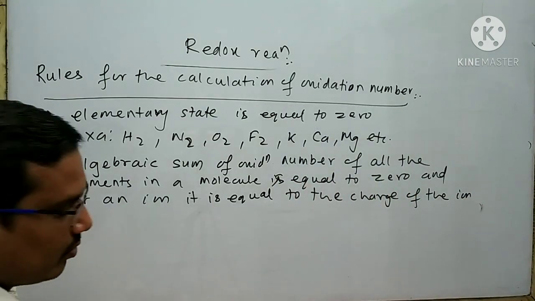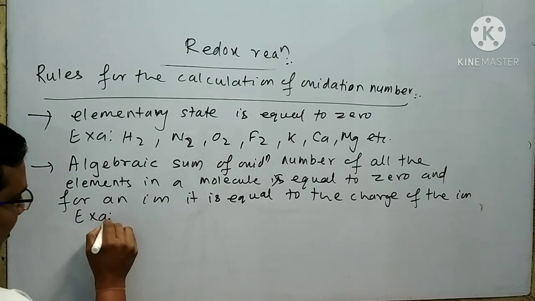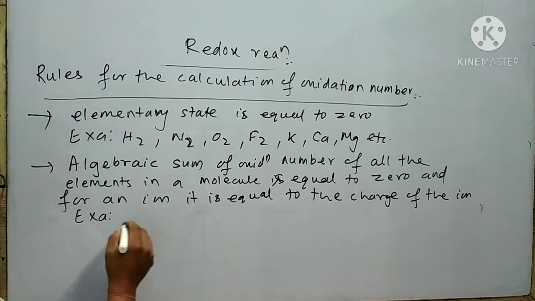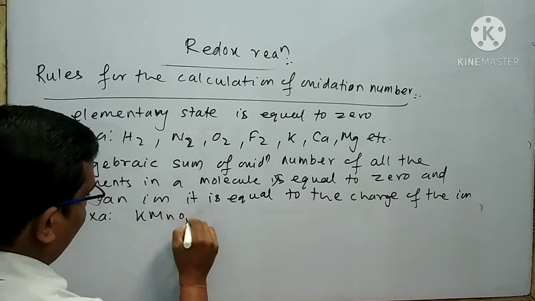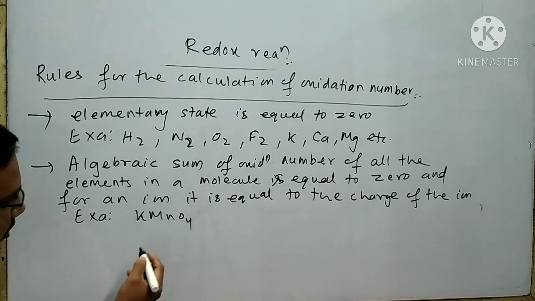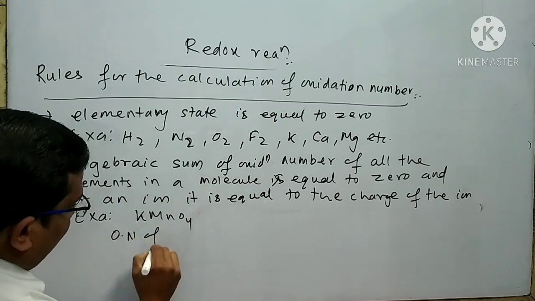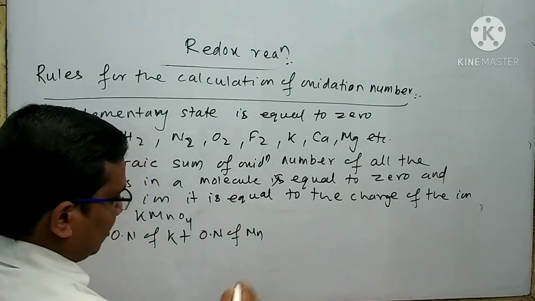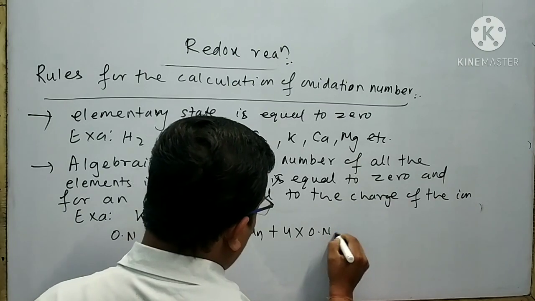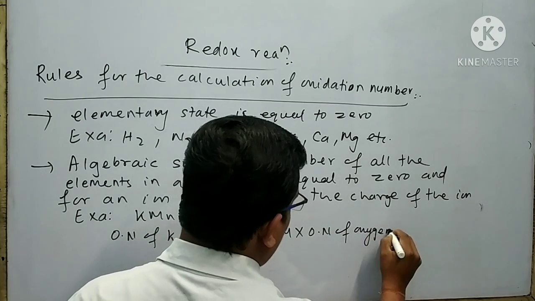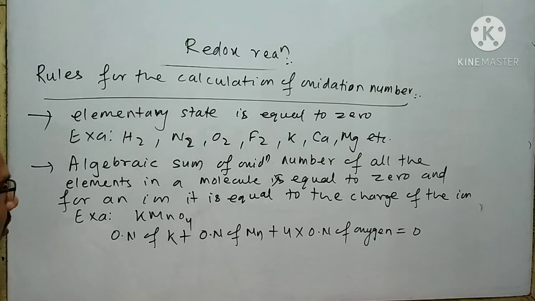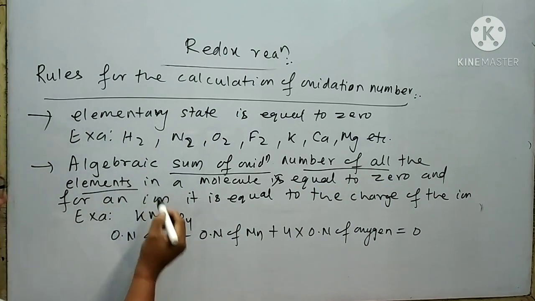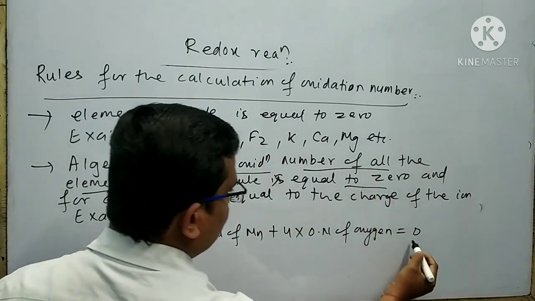Let me explain this rule with an example. Suppose I think about the oxidation state of each element present in the KMnO4 molecule. According to this rule, I can write oxidation number of potassium plus oxidation number of manganese plus 4 into oxidation number of oxygen equal to 0. The sum of oxidation numbers of all the elements in the molecule is equal to 0.